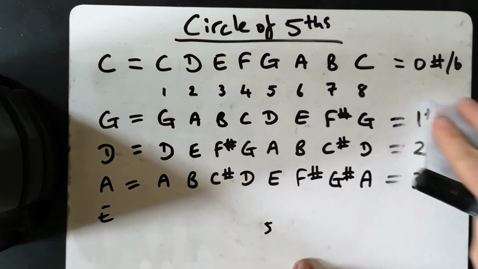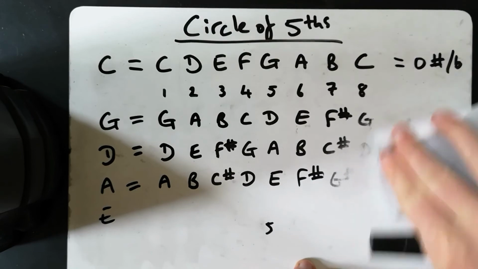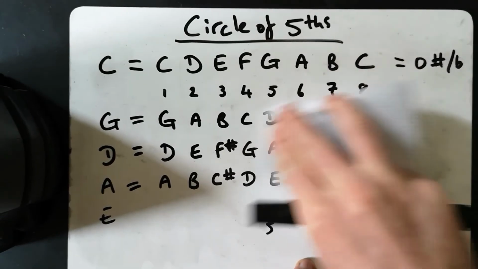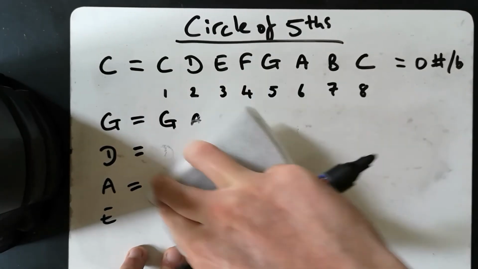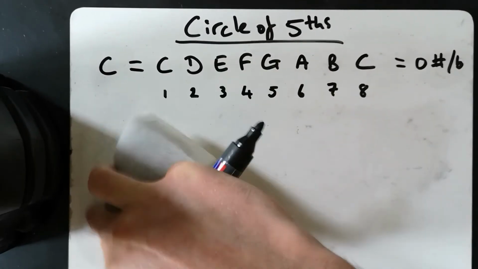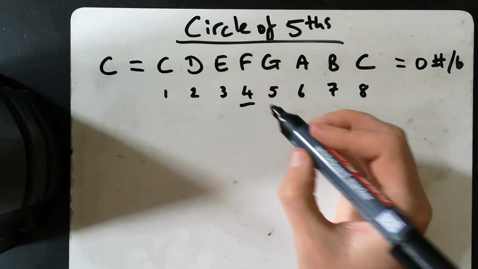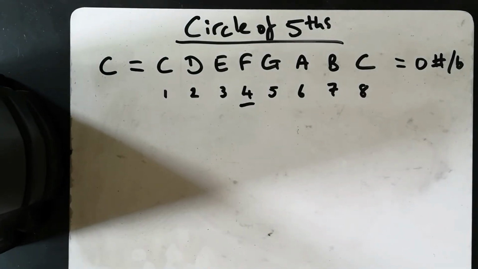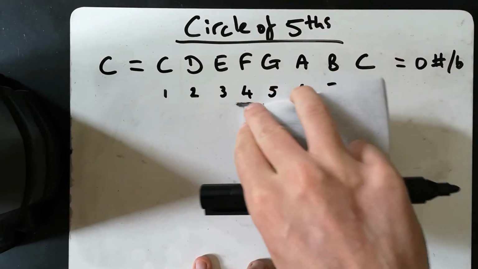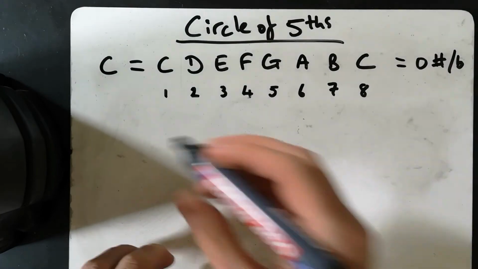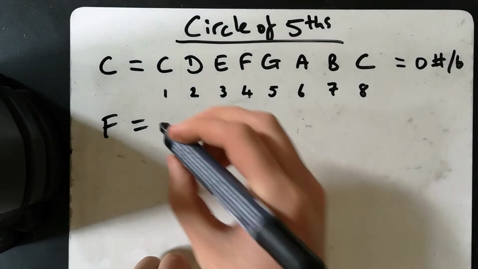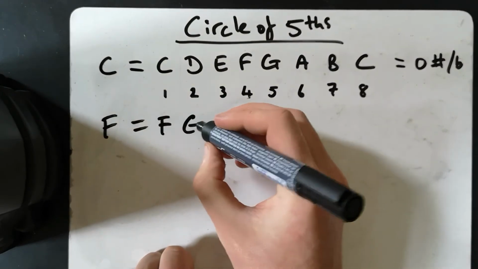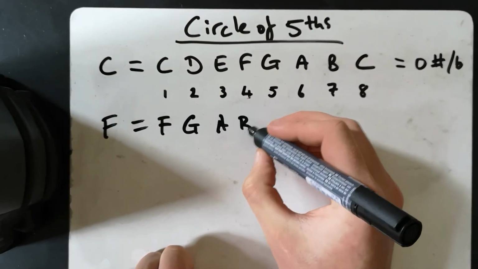Now, flats are slightly different. It'll be the 4th this time to work out flats. Don't worry about changing the name to circle of fourths. It doesn't change. It's just going to be the 4th degree of the scale this time. So let's work out F. And again, you should have done this earlier on. Don't change your answers. But I've got F, G, A, B flat.